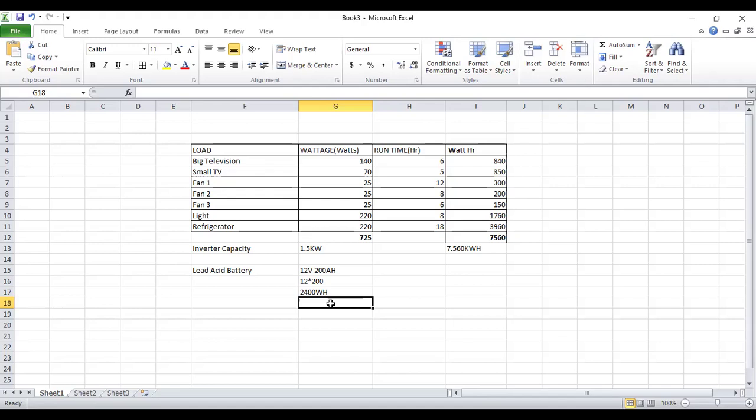When you buy these batteries, they have their technical details on them. They will tell you the operating voltages, maximum operating voltages from 10.5 to this. So you have to go to your inverter setting and ensure that your inverter is configured like that.